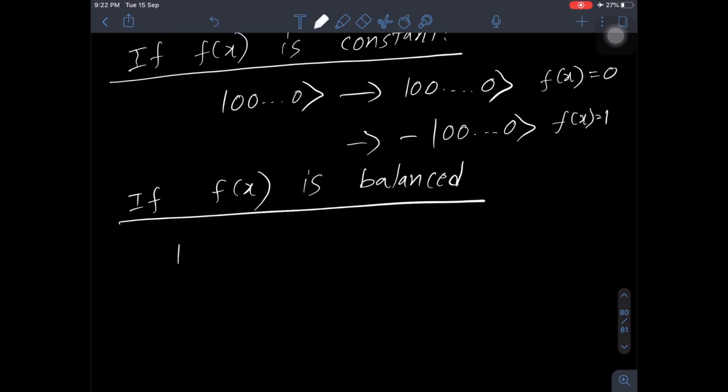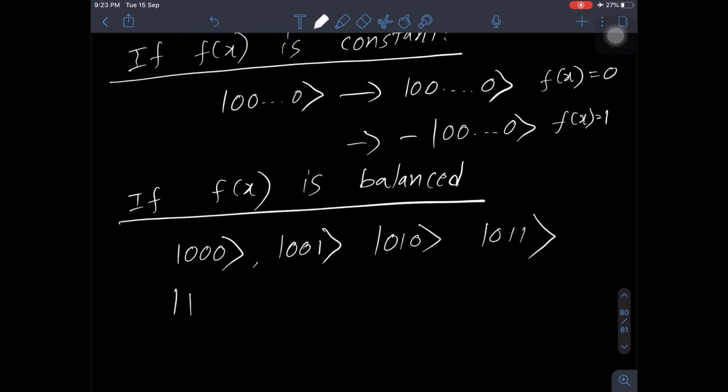Okay, let's work that out. If you are dealing with 3 qubits, then it will be 0 0 0, 0 0 1, 0 1 0, 0 1 1, and similarly for 1 0 0, 1 0 1, 1 1 0, 1 1 1.